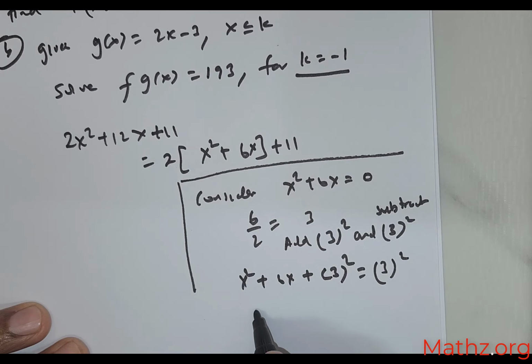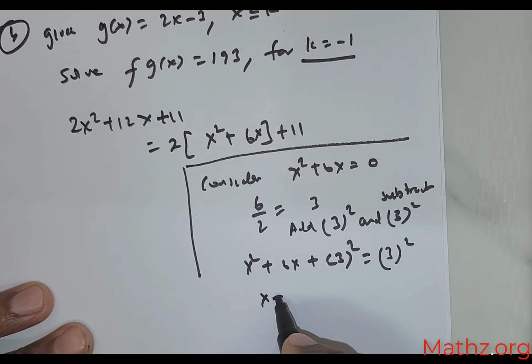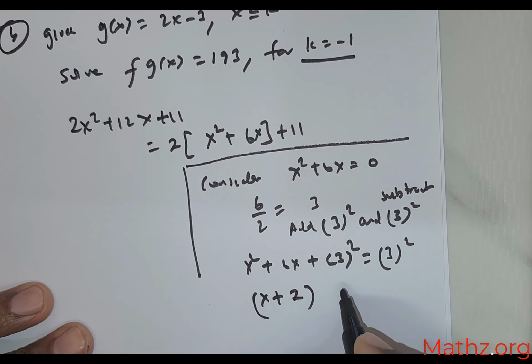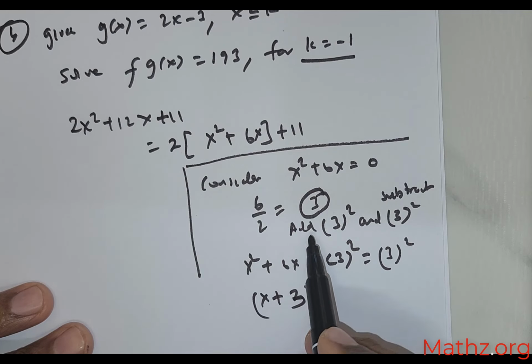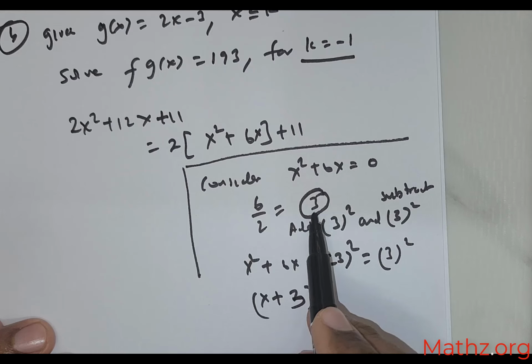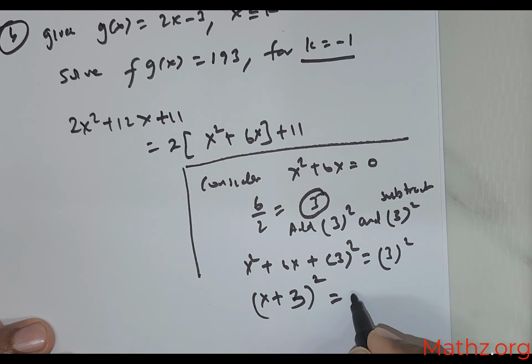Now this can be written as a perfect square. How is that? This is going to be x + 3. You have to put in whatever you are utilizing as the coefficient of x, and then you square it, and of course you have a 3 squared.